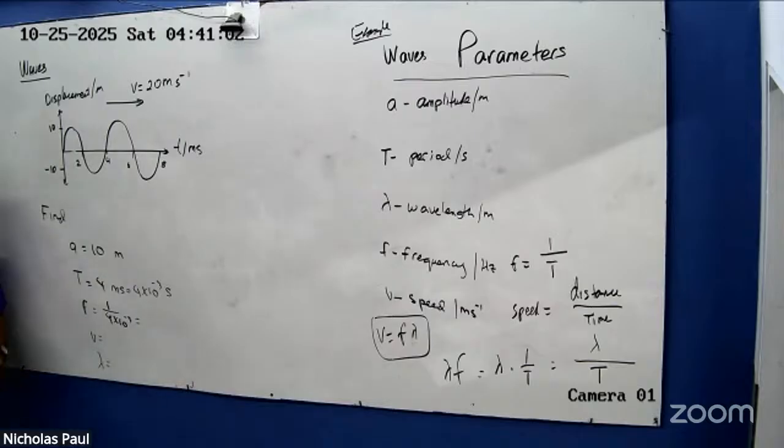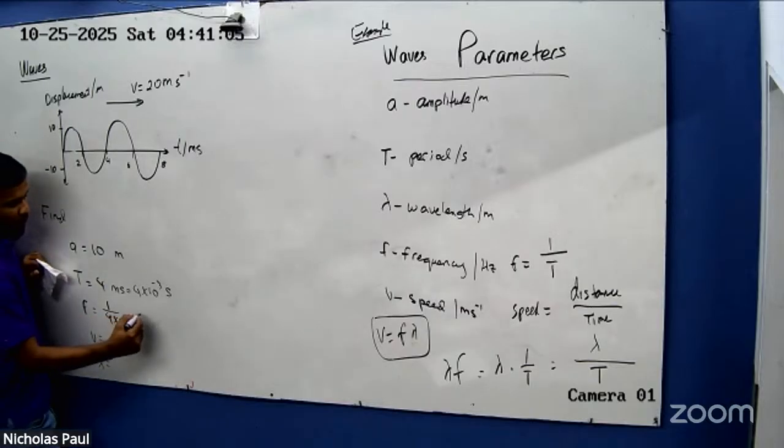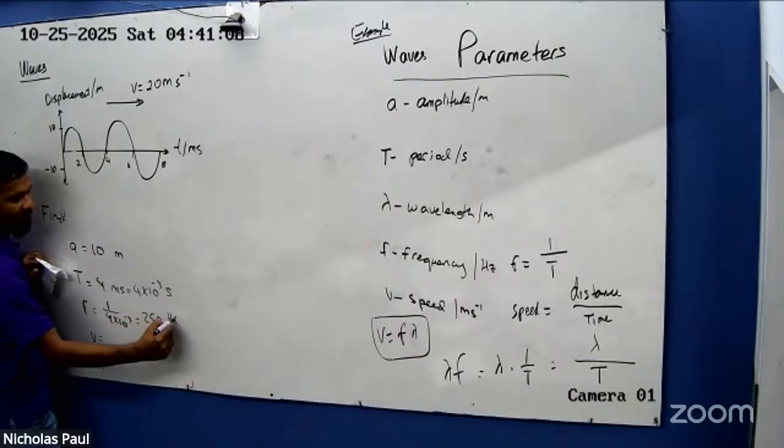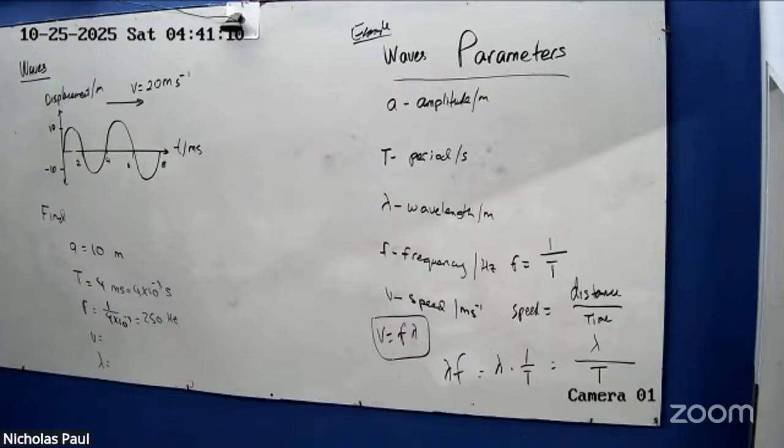No, it should be 250 hertz, right? That's okay? What do I have in it? I have 1 over. Wait, remember it's in the denominator, so when I bring it up, it becomes positive. I didn't realize that. Are you okay with that?